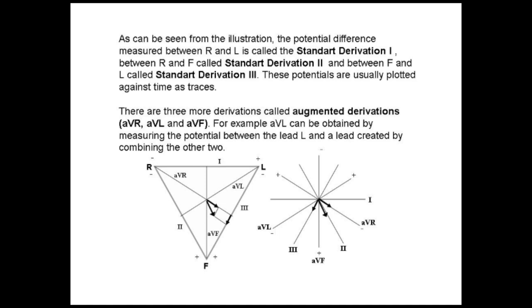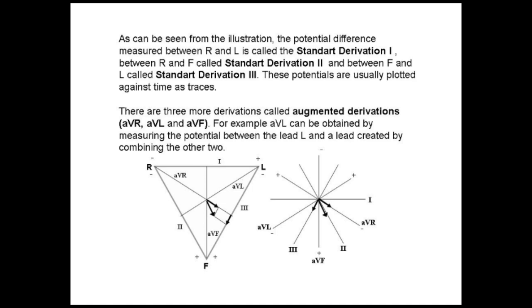There are also augmented derivations. Augmented derivations are created as follows. Let's give an example for the AVR. AVR is the measurement you make between the right hand and the electrode that you created by connecting the feet and the left hand, the other two electrodes.